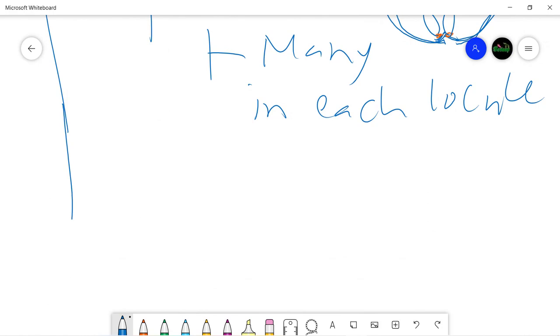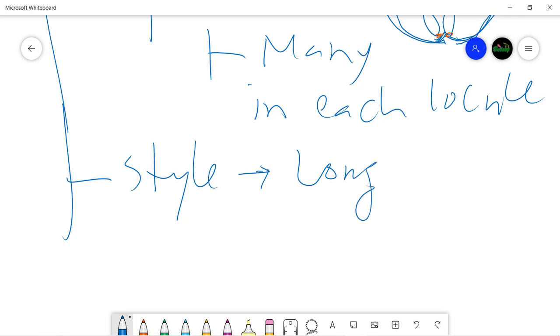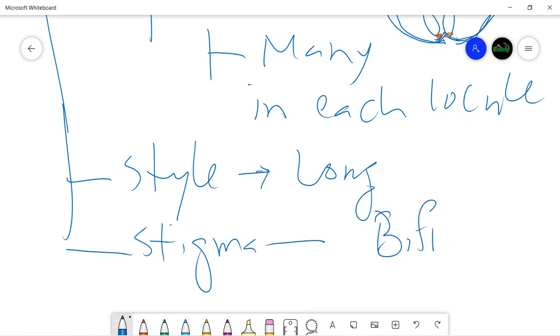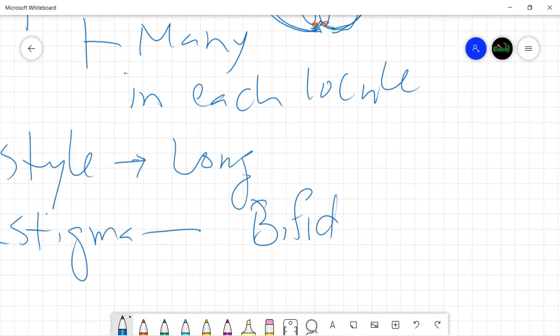So style is long and stigma is bifid. That is, the stigma has two lobes.